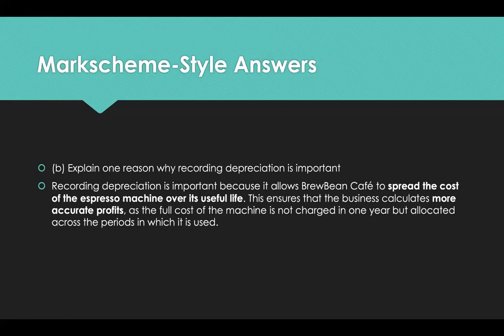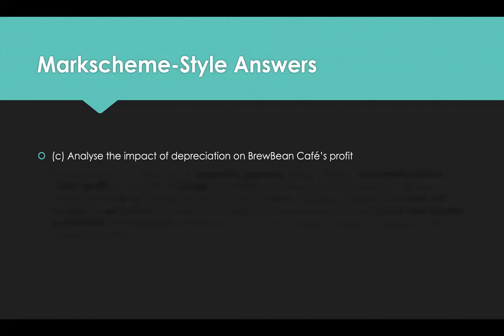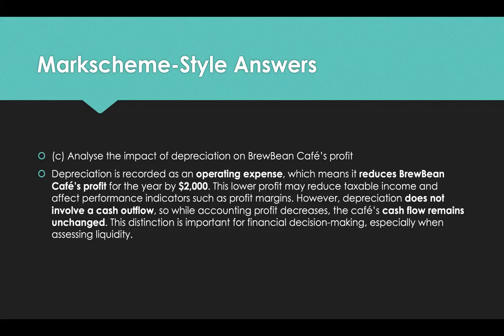Recording depreciation is important because it spreads the cost of the espresso machine over its useful life. This results in more accurate profit figures as the full cost is not charged in 1 year. In the IB exam, this explanation should clearly link depreciation to profit accuracy and decision making. Next, depreciation reduces BrewBean Café's profit by $2,000 for the year.